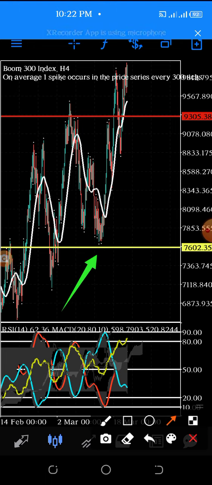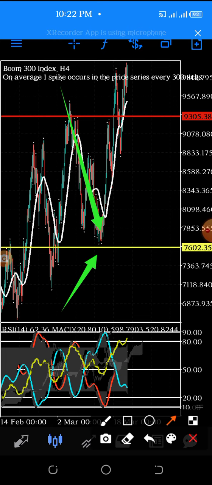If you watch from here, the sellers pushed from here down. They pushed from here down. See this arrow.